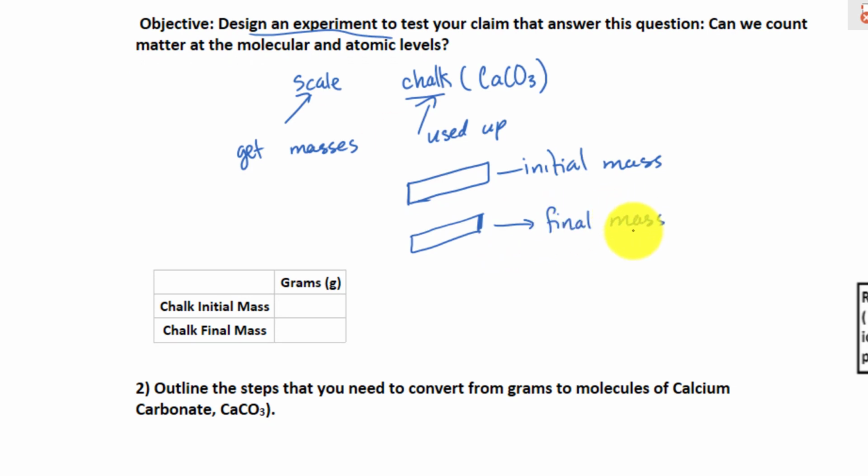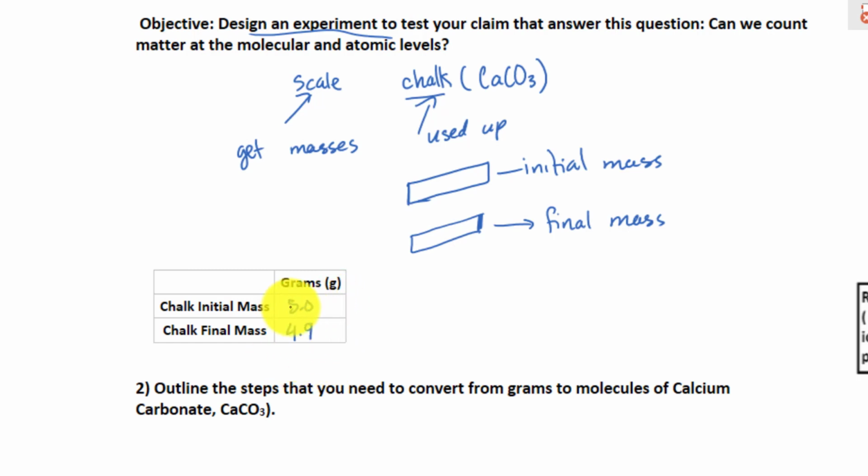And just to give an example, one of the students has 5.0 grams of chalk initially, and after he used it to write his 240 character message, it turned out we have 4.9 grams. So what's happening there? How much chalk is being used?